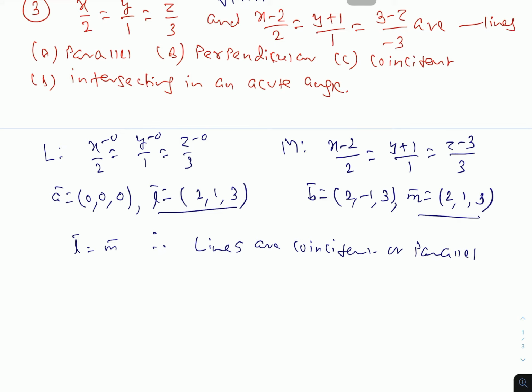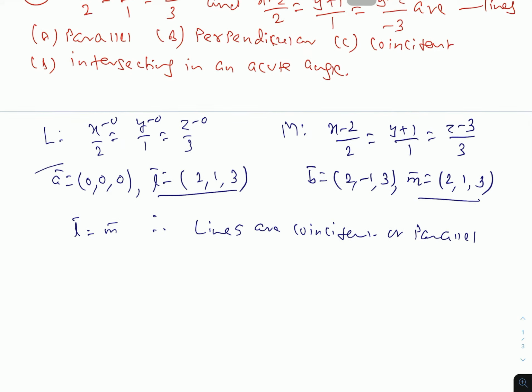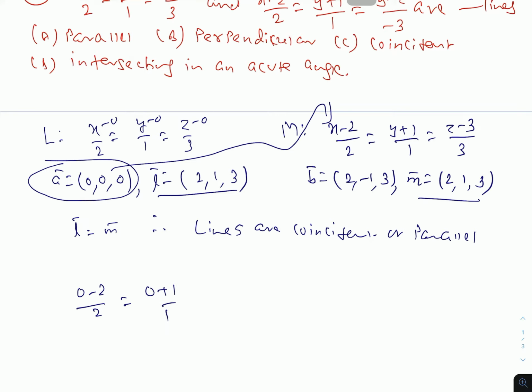But you can see that this point 0 0 0 is not on the second line, because if I plug in the values, 0 minus 2 by 2 is minus 1 and 0 plus 1 by 1 is 1, so it is not there.